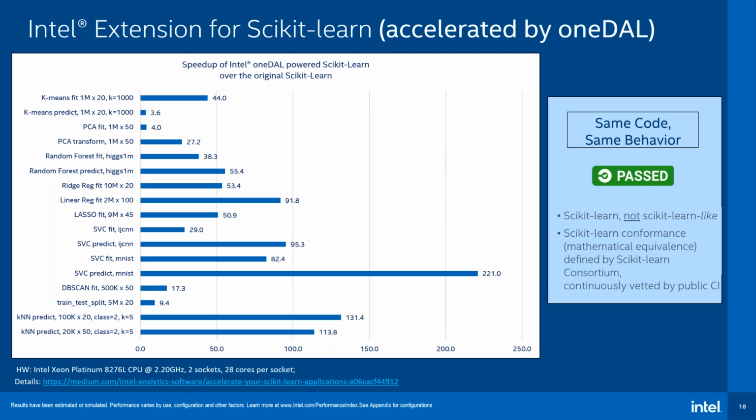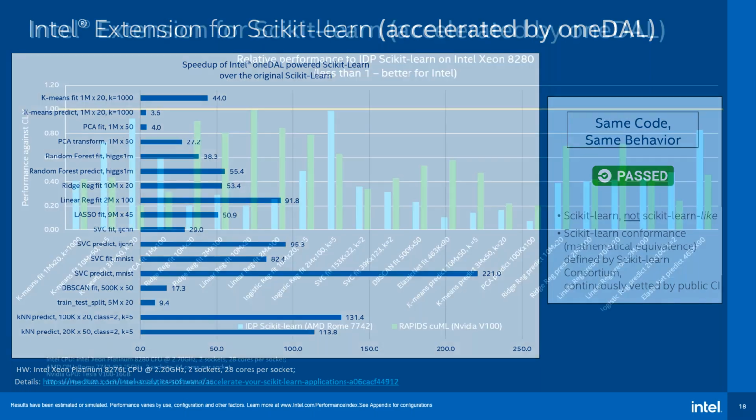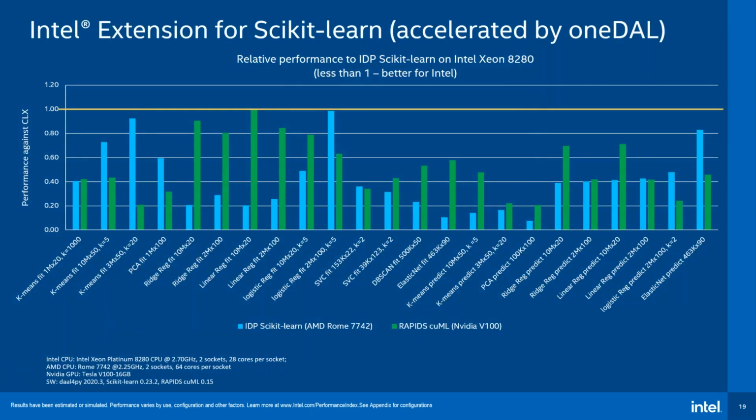Now, okay, this is great. You might say, okay, Scikit-learn needed to be optimized, you did that. But how do we compare against the competition? So let's look at a few data points here, actually more than a few, on a variety of algorithms, again on different shapes and sizes.